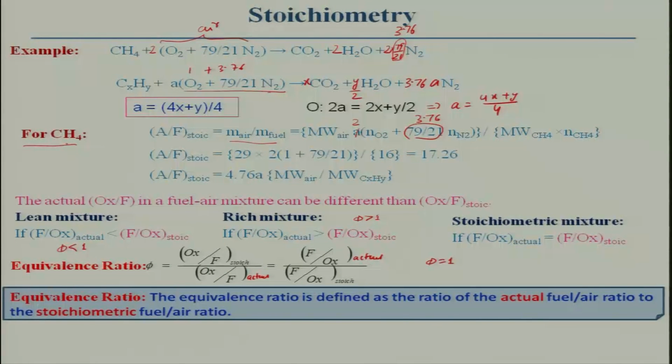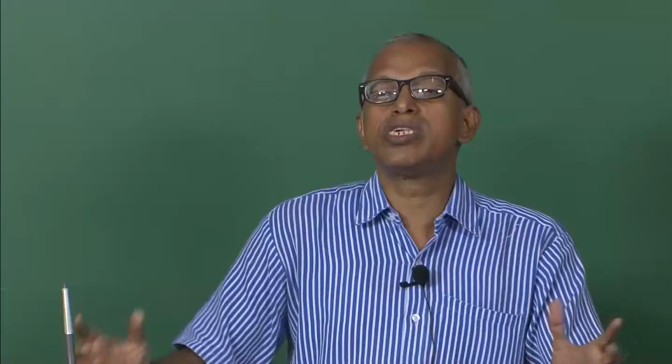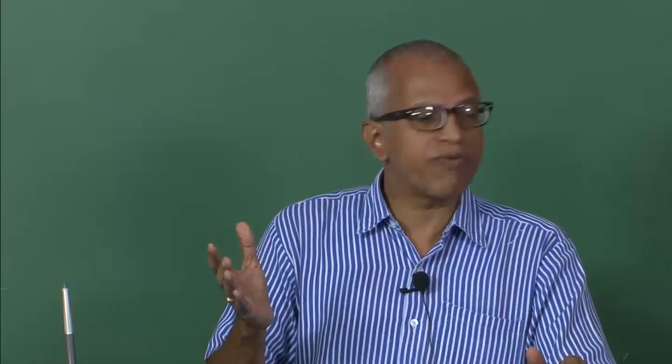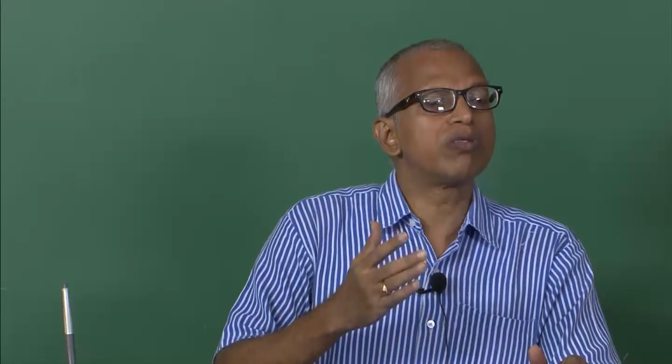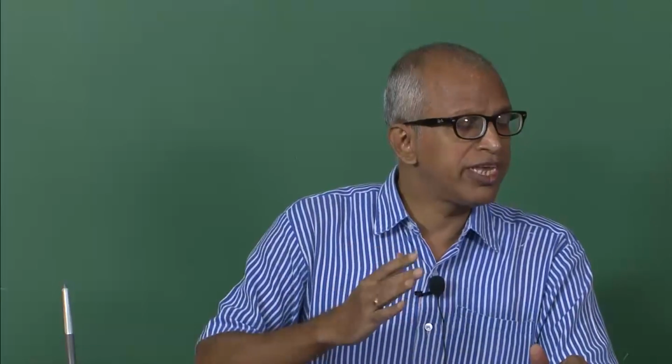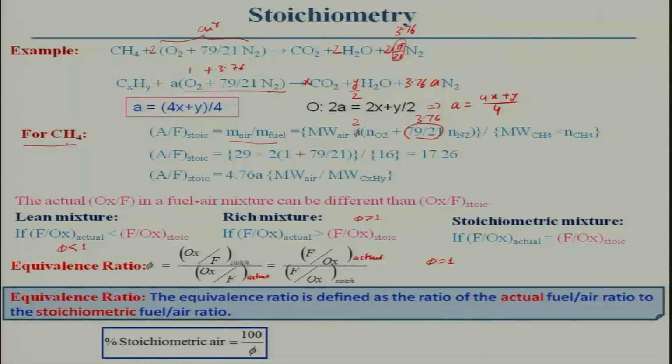But apart from that, there are other terms which are used to understand how it is different from the stoichiometric, that means how the fuel air ratio or the oxidizer air ratio is different from the stoichiometric ratio. For that, we will be talking about two terms. One is percentage of stoichiometric air, which is nothing but 100 divided by phi. Phi is your equivalence ratio.